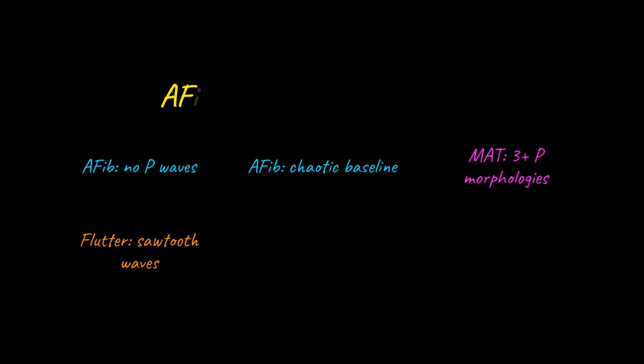The 3 defining features on the EKG are the fibrillatory baseline, the complete absence of organized P waves, and an irregular ventricular response. The AV node acts as a gatekeeper, randomly passing a fraction of atrial impulses through, so no 2 consecutive RR intervals are the same and no repeating pattern ever emerges.